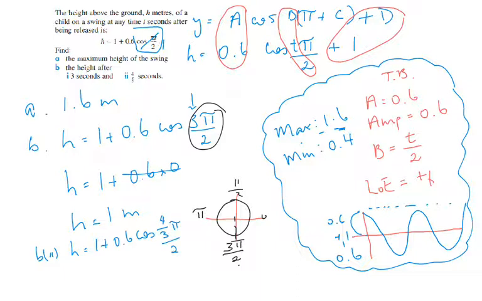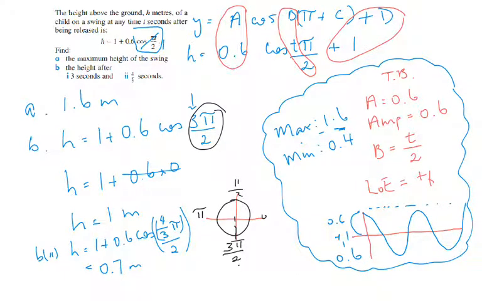Now when you put this into your calculator, you'll need to put a bracket around that part and then a bracket around the whole lot. So you'll do cos, open bracket, open bracket, 4 on 3 pi, close bracket, divided by 2, close bracket. And when you simply push execute, you'll get 0.7 metres.